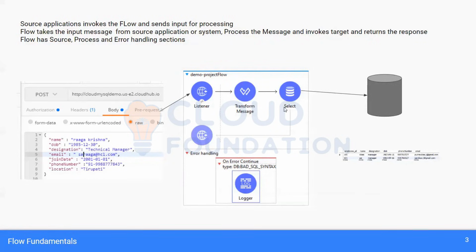This is called the processing section. And while transforming, you write a query with some bad syntax inside. Some insert query contains bad syntax, or some field name is not proper. Then you will get an error, right? To handle that error, you have an error handling section.